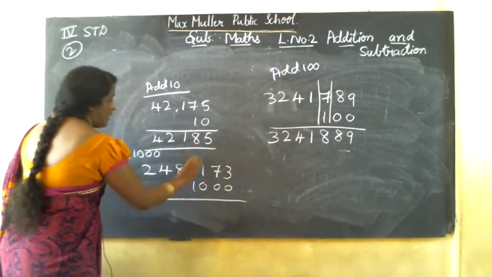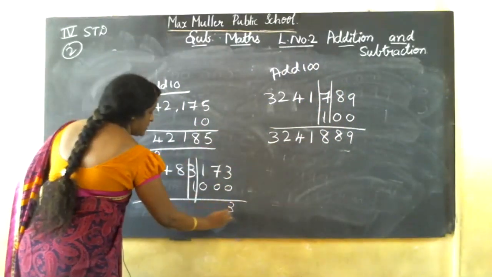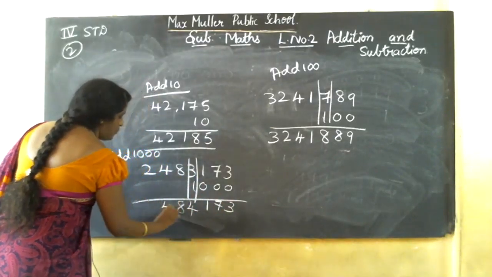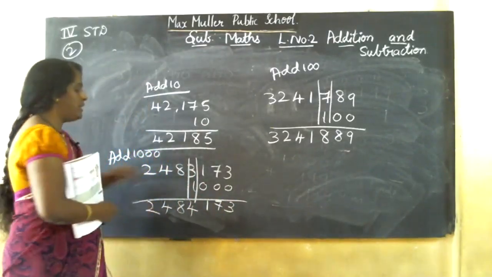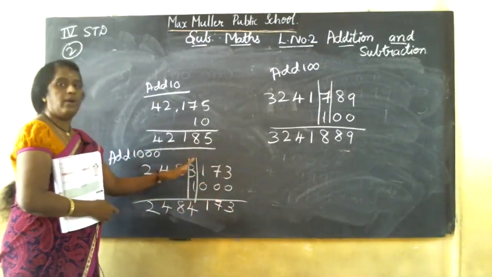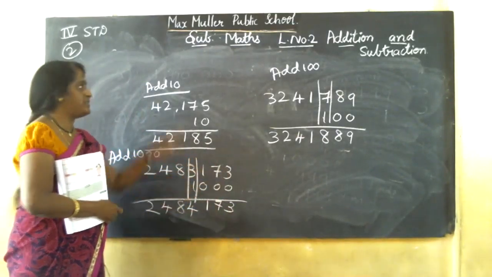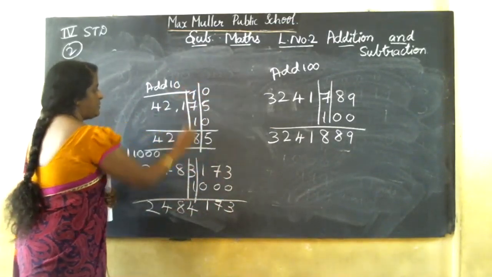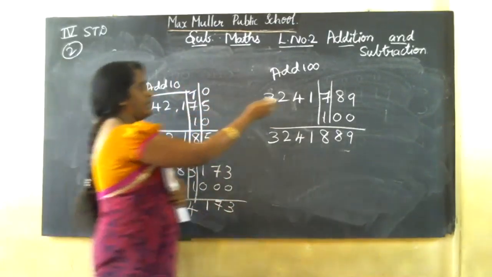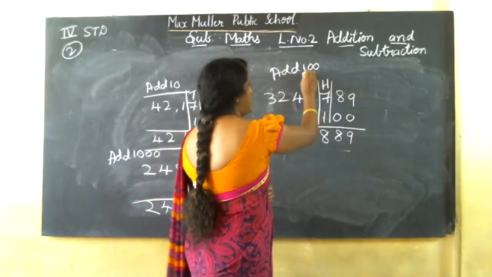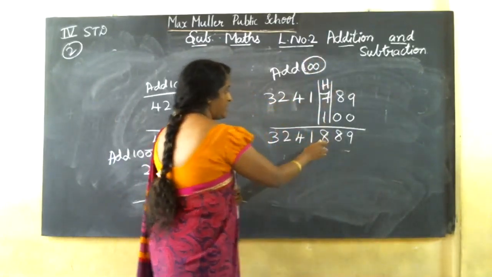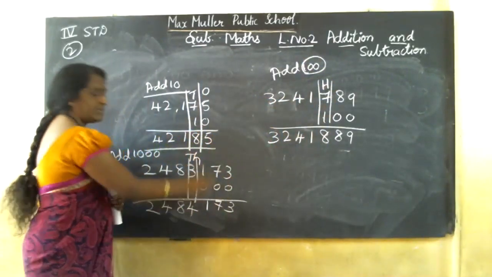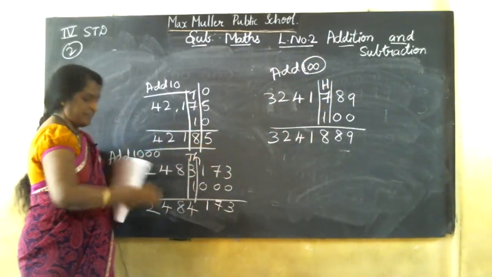Only the thousands place will be increased, and all the other numbers will be the same. Here, ones, tens: the tens place will be increased. Hundreds: the hundreds place will be increased. For 1000, the thousands place will be increased. Other numbers will be the same. Okay.